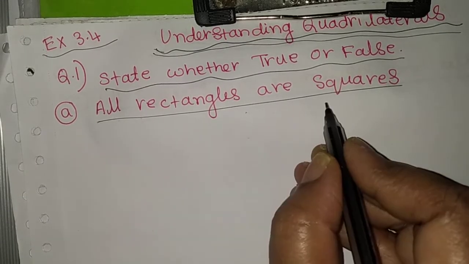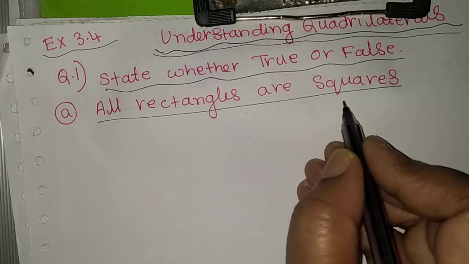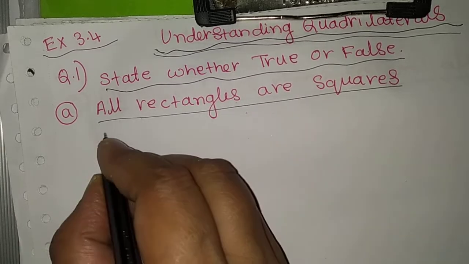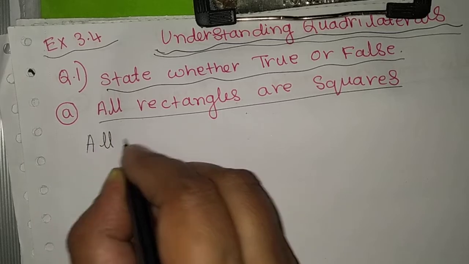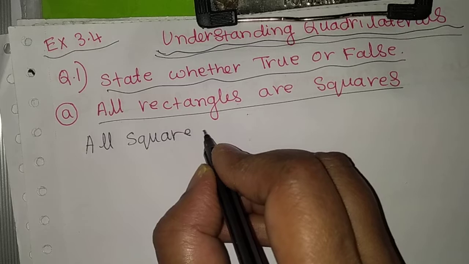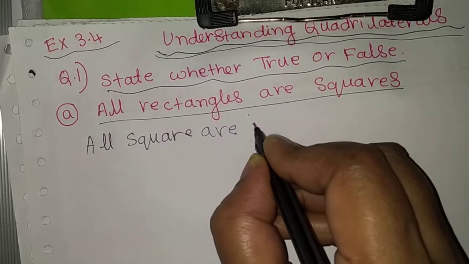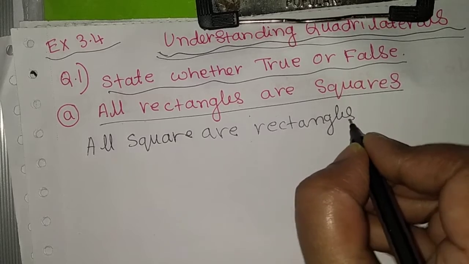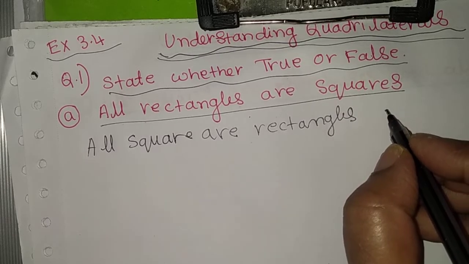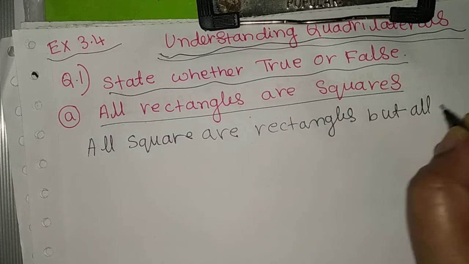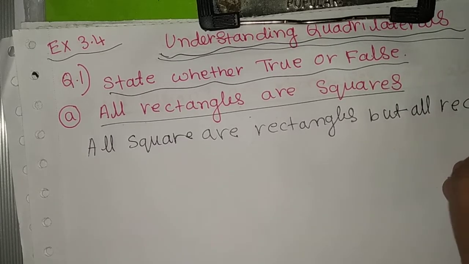So here, all rectangles are square. We'll see the properties. The statement I will just write: all squares are rectangles, but all rectangles are not square.